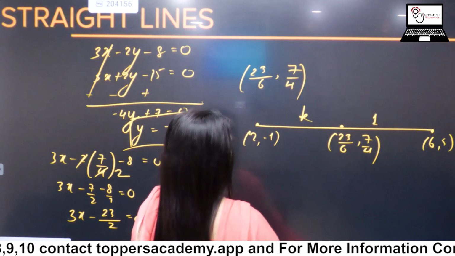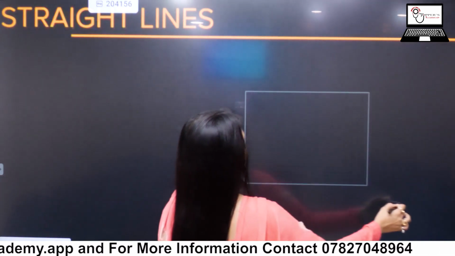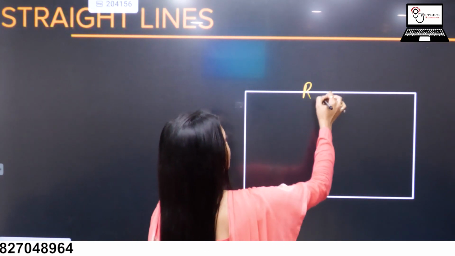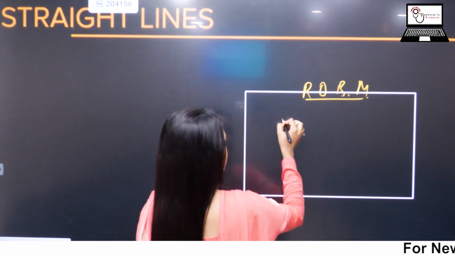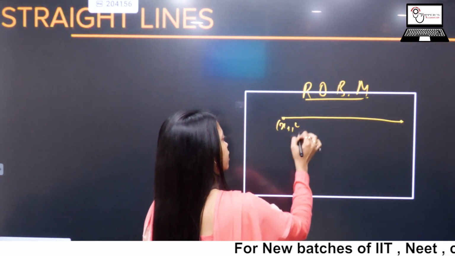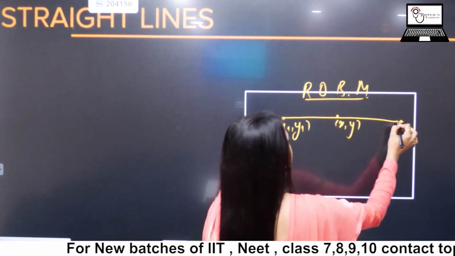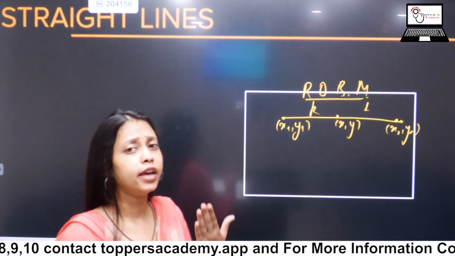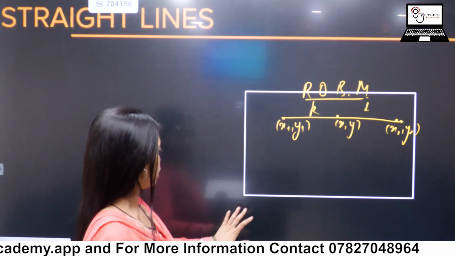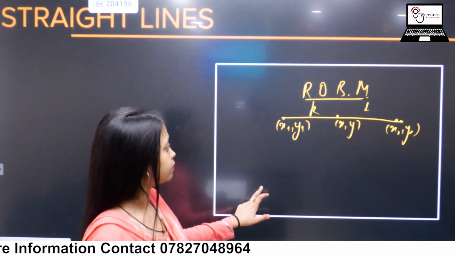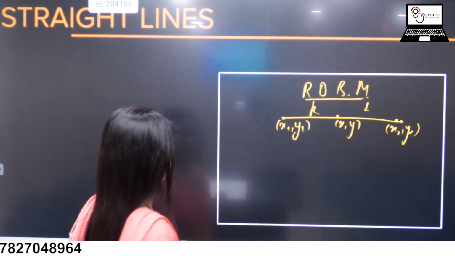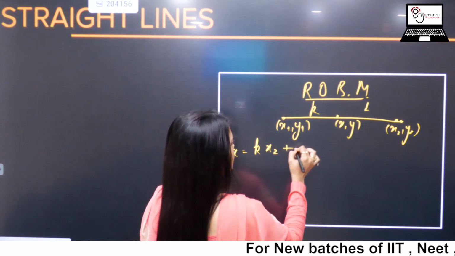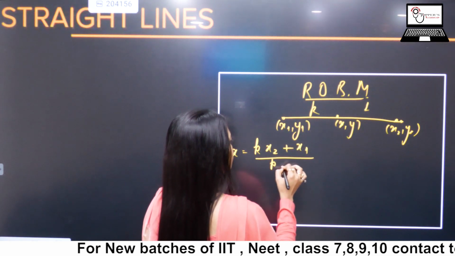What's the formula? The formula is the section formula, which says that if you have x1, y1, x y, and x2, y2, and you want to find k is to 1, you just apply the section formula, that is, x is equal to (k times x2 plus x1) divided by k plus 1.